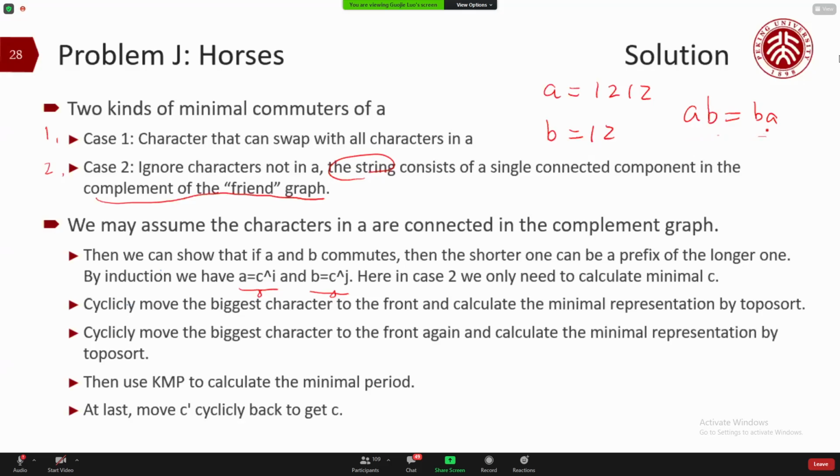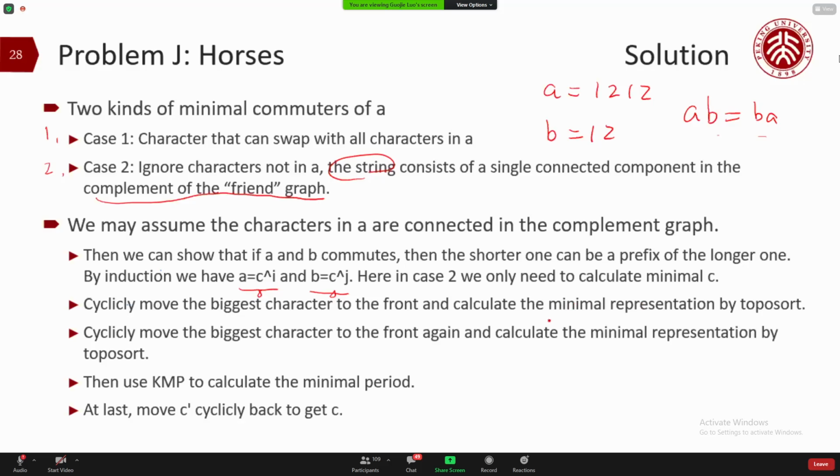By induction, we find that if A and B commute, they are repeated copies of a pattern C. A is pattern C repeated I times, and B is pattern C repeated J times. In this case, we need to calculate the minimum C.